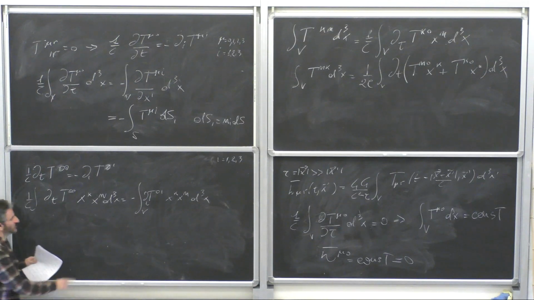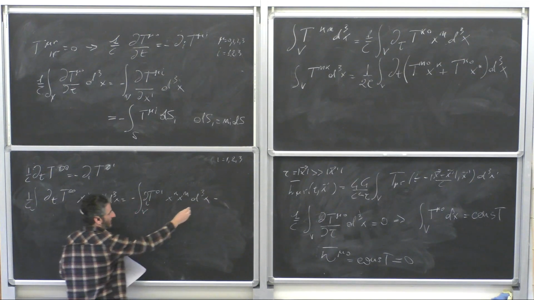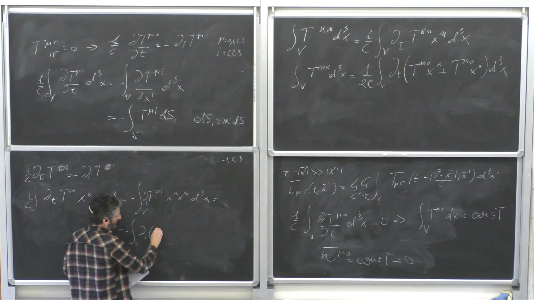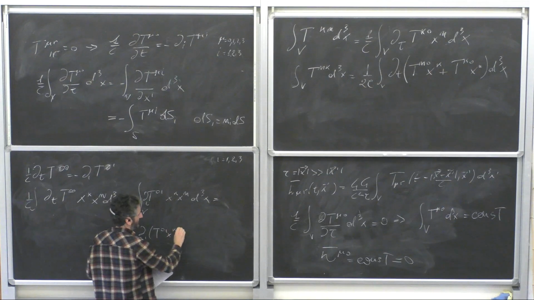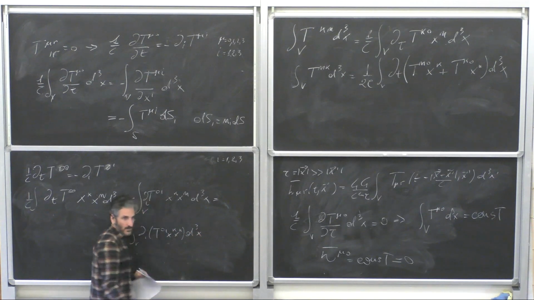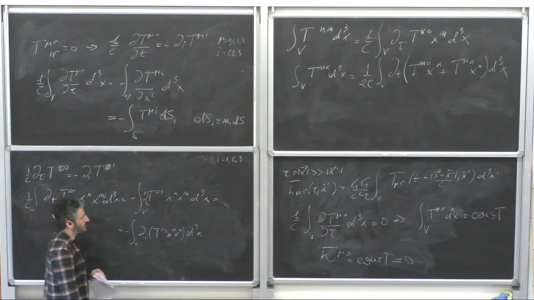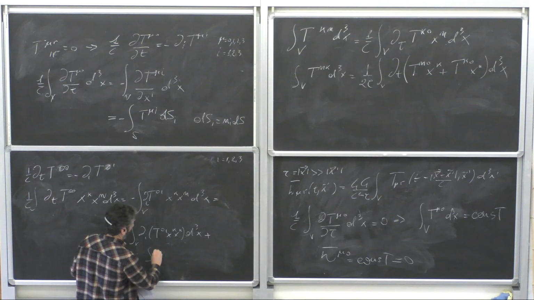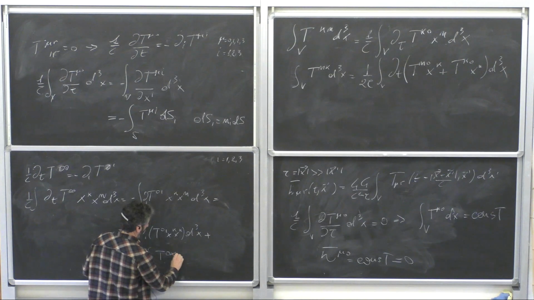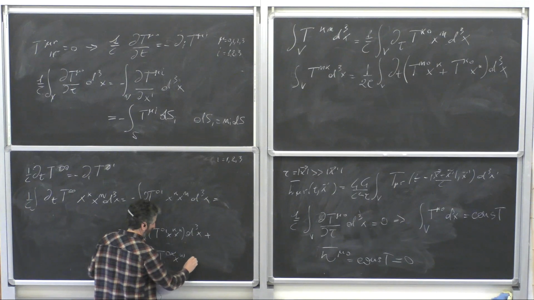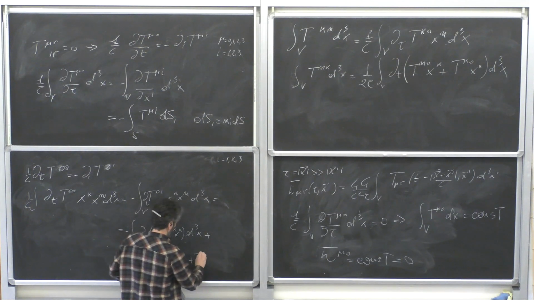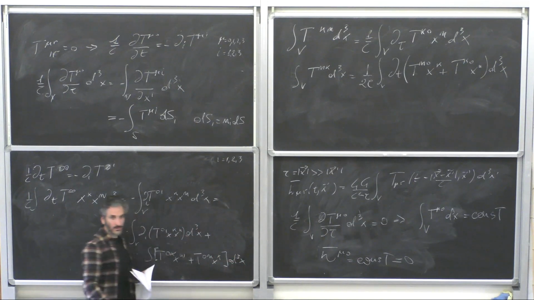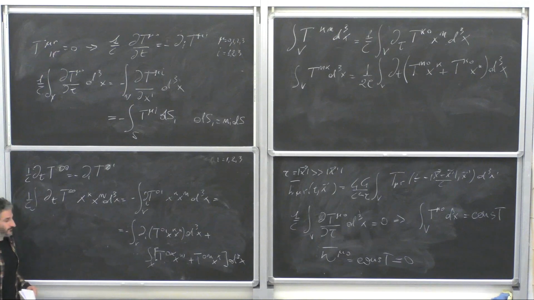Okay, and let's do the same kind of trick that we did on the right hand side. So we'll write this as the integral over V of ∂_i T^{0i} x^k x^n d³x, and now we will get two contributions, because this will be plus the integral over V of T^{0k} x^n plus T^{0n} x^k.